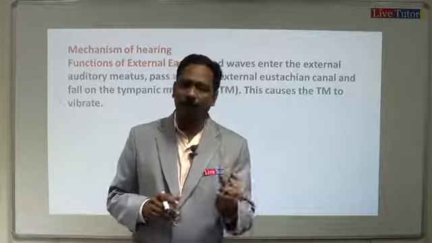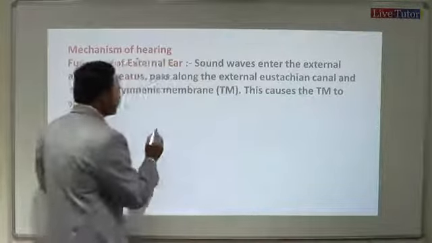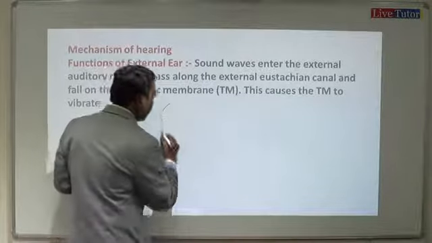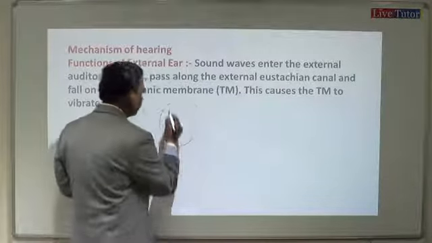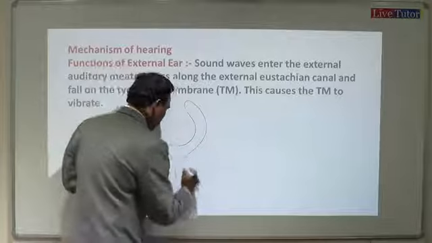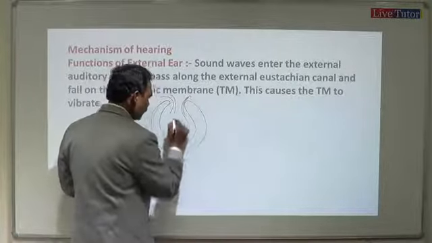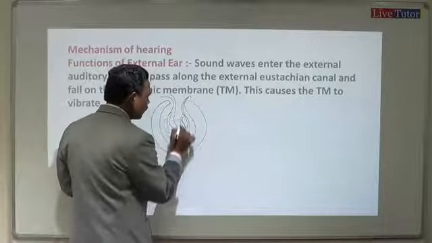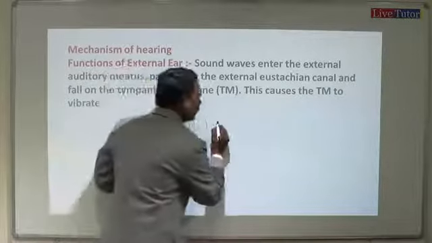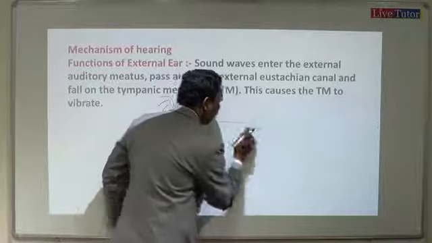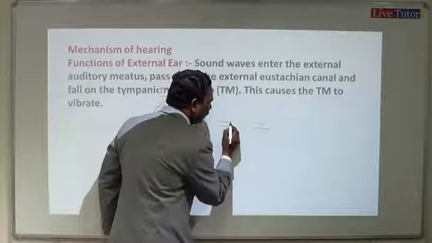Then fifth, it causes the constriction of glomerular capillaries. In the Bowman capsule, the blood capillaries inside are called the glomerulus.